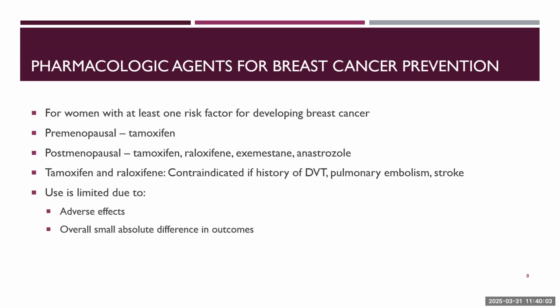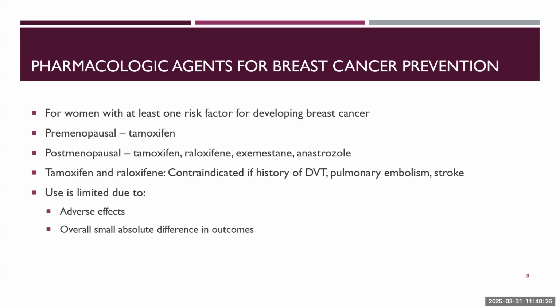There are agents that can be used for breast cancer prevention. This is for women with at least one risk factor for developing breast cancer. So if they are premenopausal, tamoxifen would be indicated for breast cancer prevention. Postmenopausal, we have some more options: tamoxifen, raloxifene, exemestane, and anastrozole.